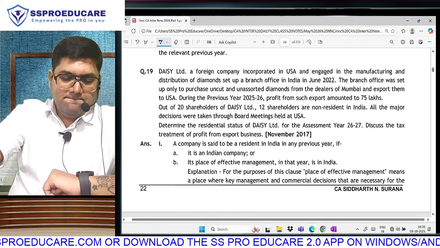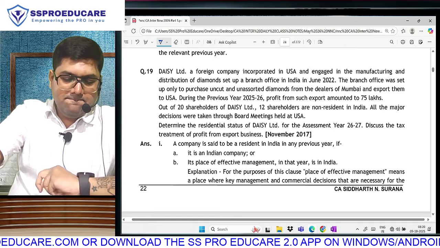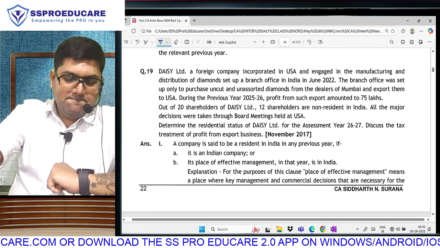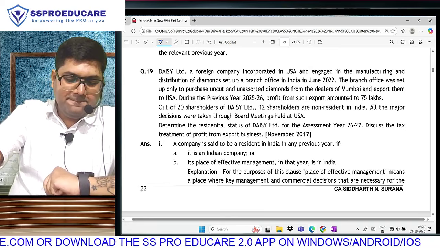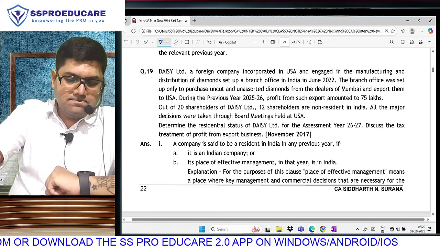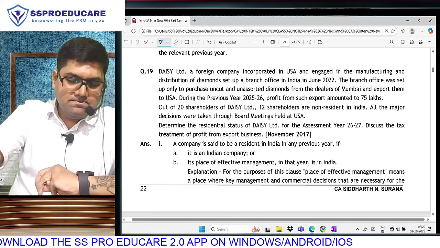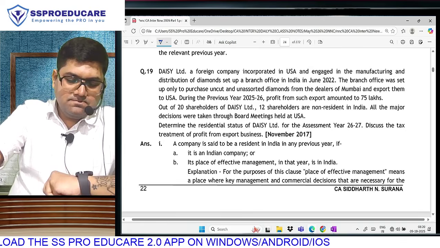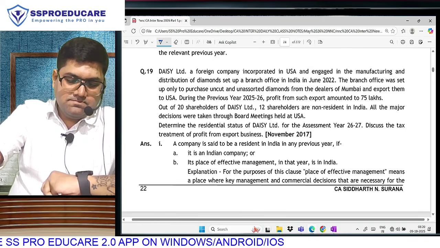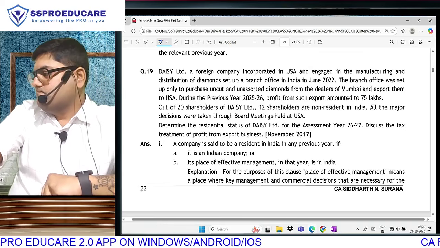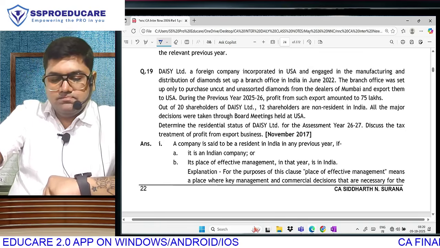During the PY 25-26, profit from such export amounted to 75 lakhs. Out of 20 shareholders of Daisy Limited, 12 shareholders are non-resident in India. All the major decisions were taken through BOD meetings held in US. Determine the residential status of Daisy Limited for the AY 26-27. Discuss the tax treatment of profit from export business.